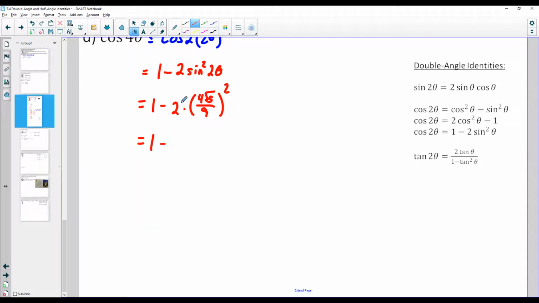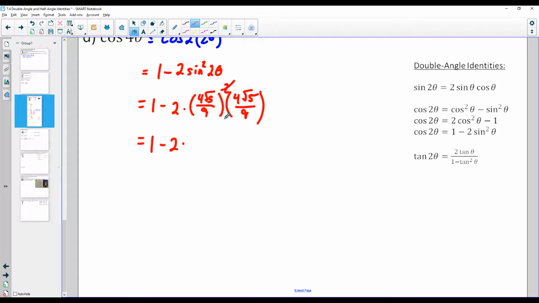2 times 4 is 8, square roots of 5 over 9. So we really kind of end up with something a little complicated. Oh, I forgot to square it. Getting ahead of myself. So we have to square the top. So we have 1 minus 2 times, if we square this, that'll be 4 square roots of 5 all over 9 again.